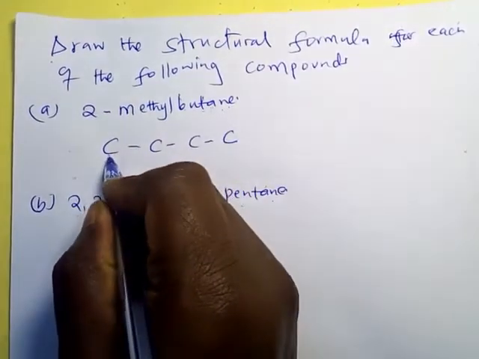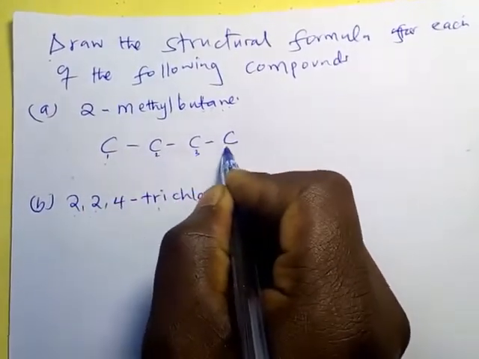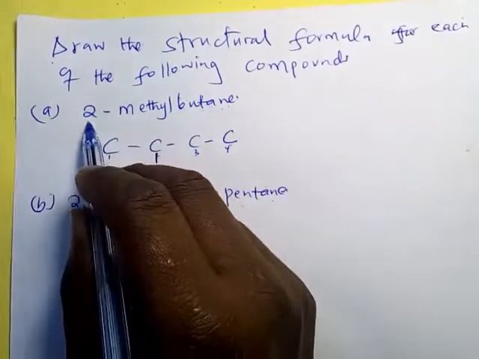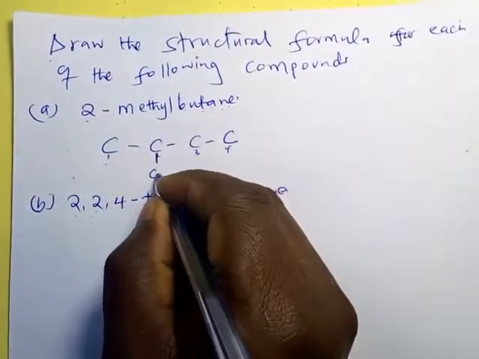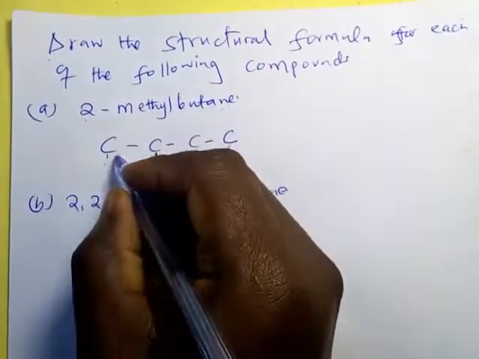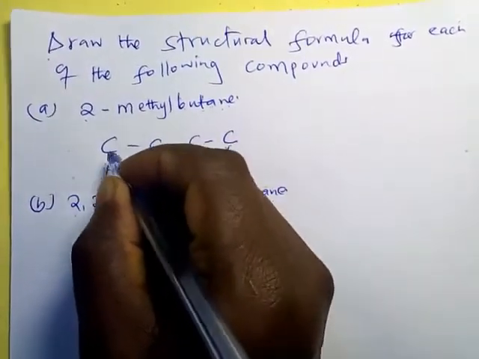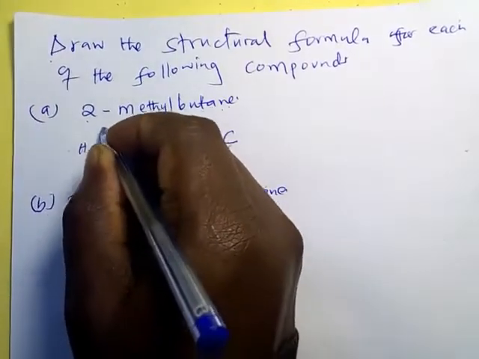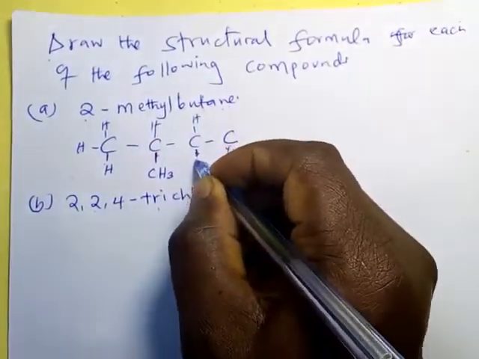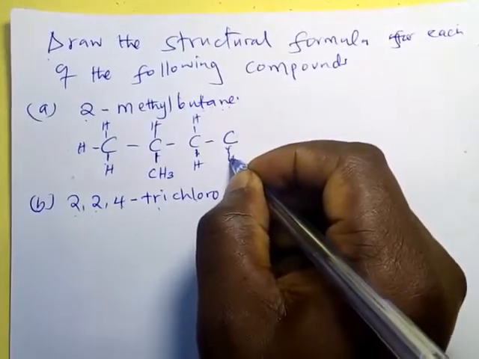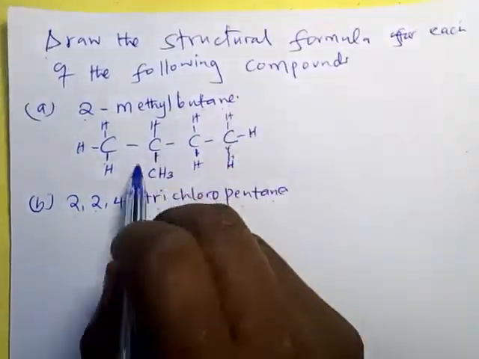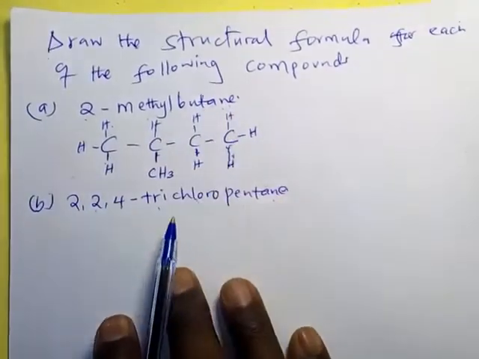So let me start here. 1, 2, 3, 4. So my carbon number 2 is here. On carbon number 2, I have a methyl group. The methyl group is CH3. And the rest you fill with hydrogen atoms. And this one is 2-methylbutane.